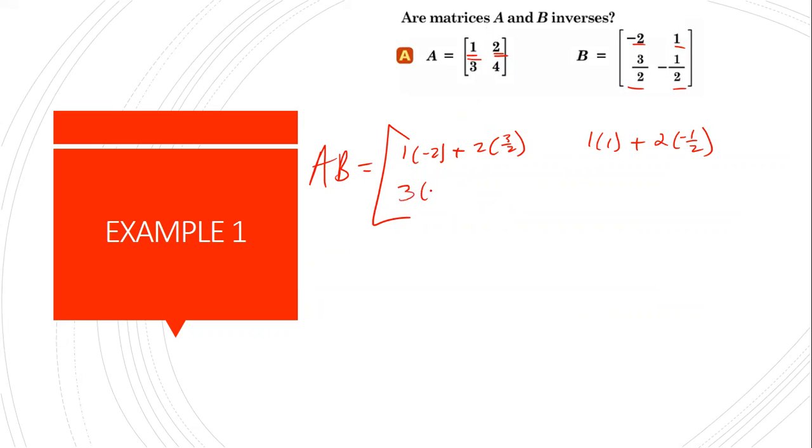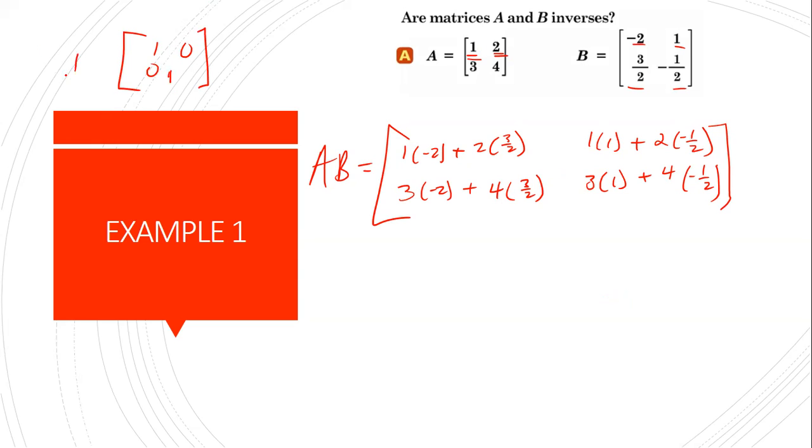So I have 3 times -2 plus 4 times 3/2. I have 3 times 1 plus 4 times -1/2. My goal here is if they are inverses, my end result would be 1, 0, 0, 1. It would be the identity matrix.